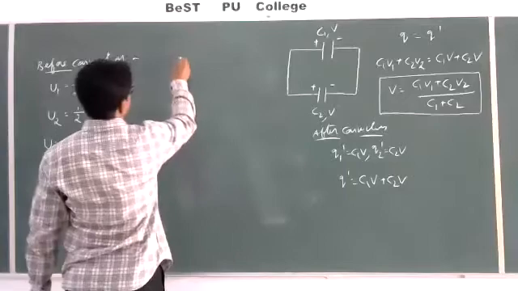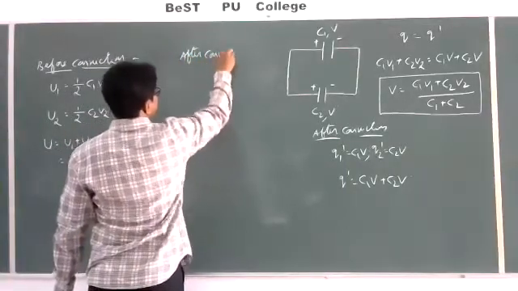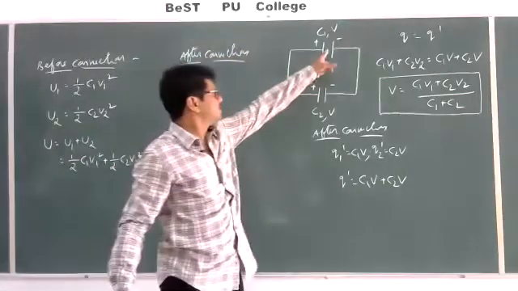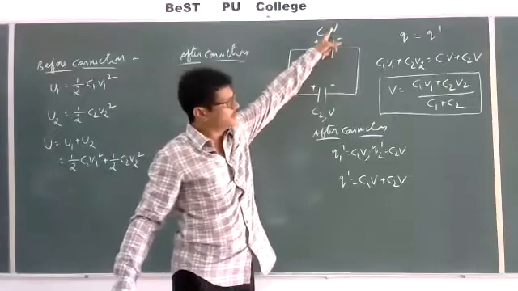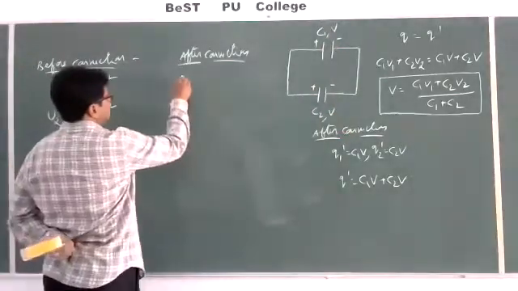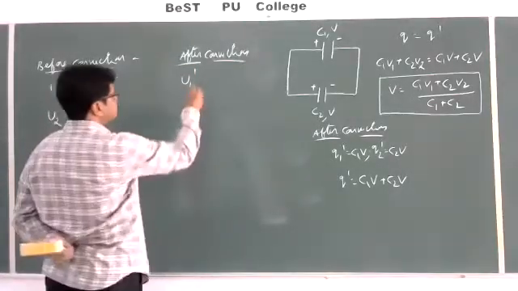Now after connection, as we discussed, the potentials of those two capacitors will be the same, which is equal to V. Then what is the energy stored in the first capacitor after connection?